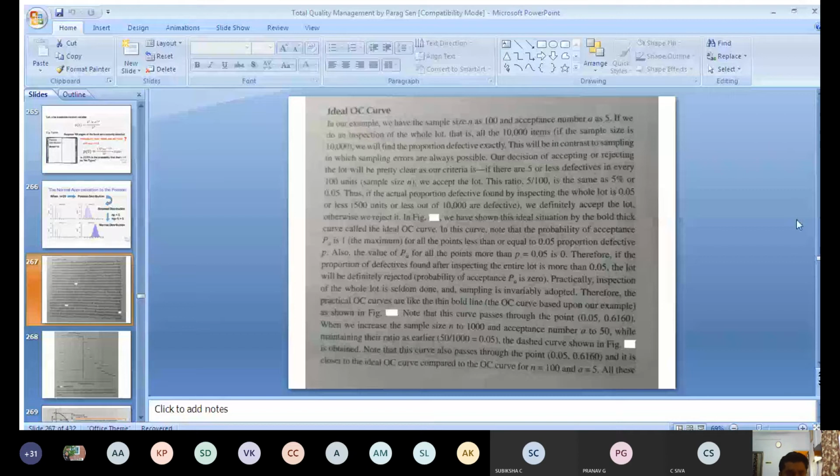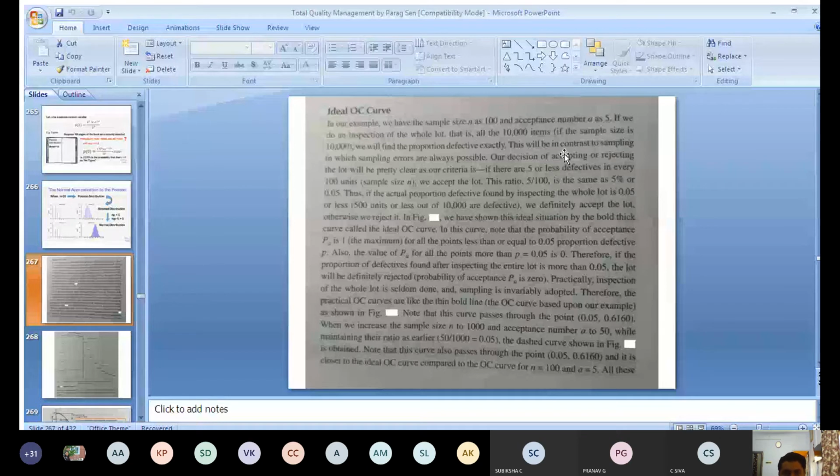Now we will discuss the ideal OC curve. In this example, suppose we have a sample size of n equal to 100 and acceptance number A as 5. If we inspect the whole lot, that is all 10,000 items, we will find the proportion defective exactly.